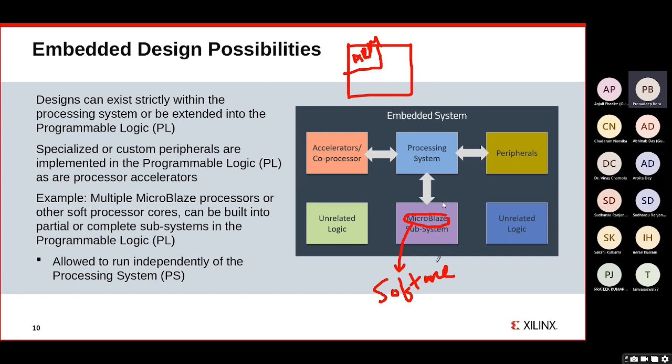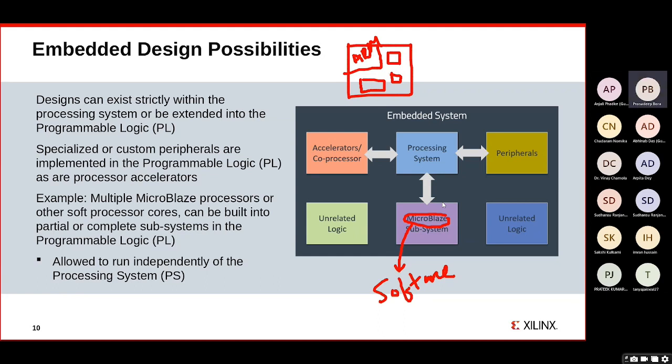But Microblaze is a soft core processor. That means the IP is available inside Vivado. I can use this IP and implement that processor logic inside the FPGA itself. So as much space as is available in my FPGA, that many Microblaze soft core processors I can include.